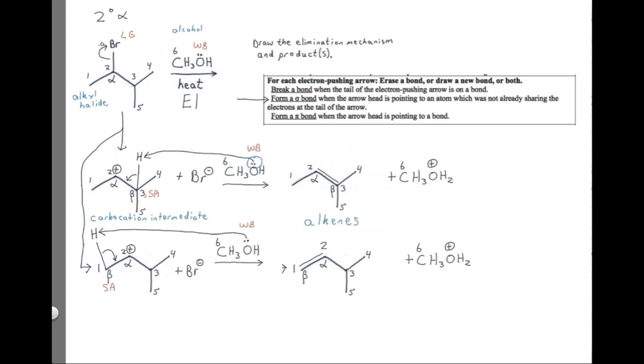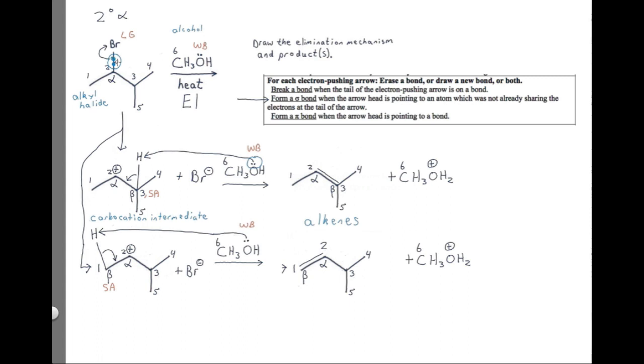So you can compare that with this arrow. Take a look at this arrow. Notice that in this case, the head of the arrow is on the bromine, and the tail of the arrow is on this covalent bond. Remember that the covalent bond represents a pair of electrons in the bond. Well, do you see that in this picture, the bromine at the head of the arrow is already sharing the electrons at the tail.